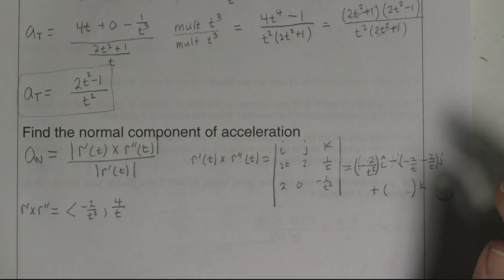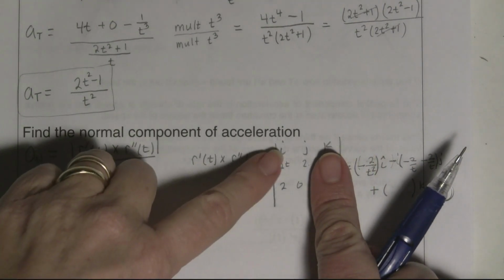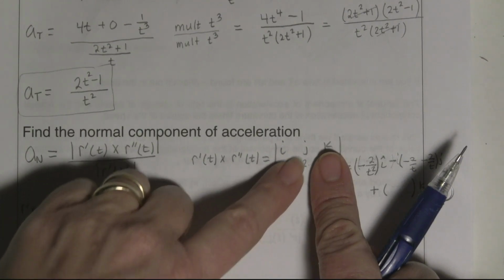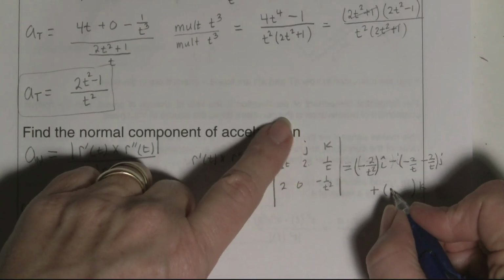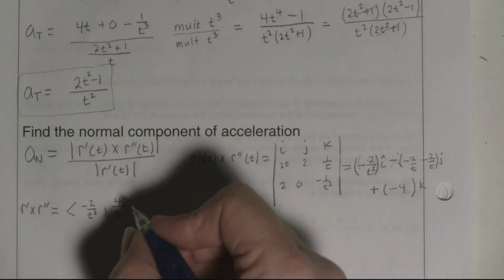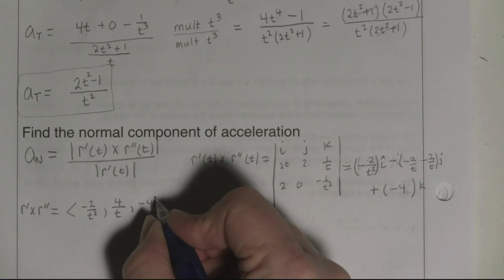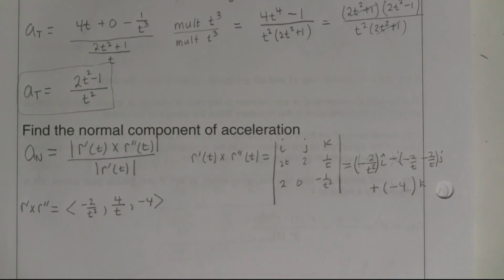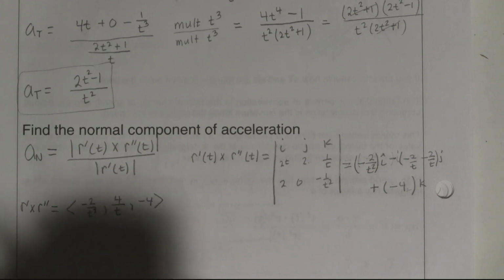Okay, so I'm going to put my finger on here. 2t times 0 is 0. And then minus 4t, no t, minus 4 is what that should be. So this would be negative 4 on k. I did have a sign error last semester, and every time I find a mistake, if you're not careful.